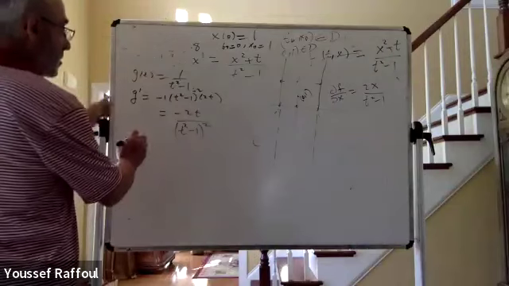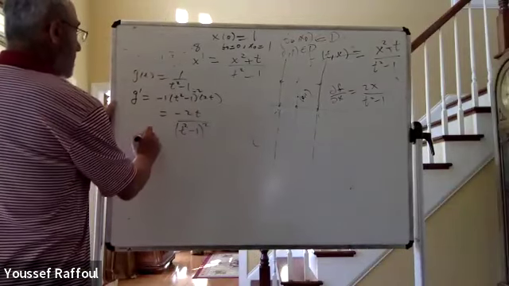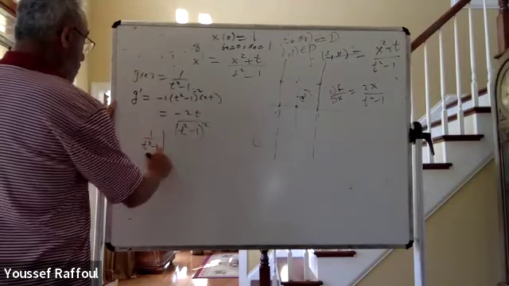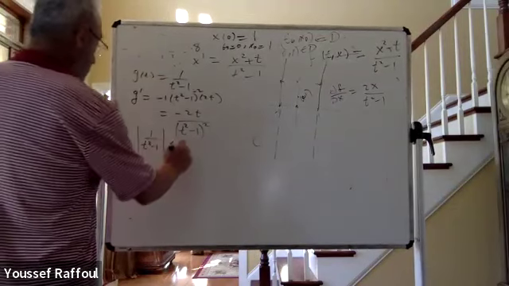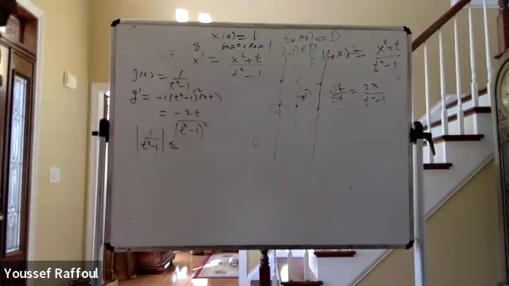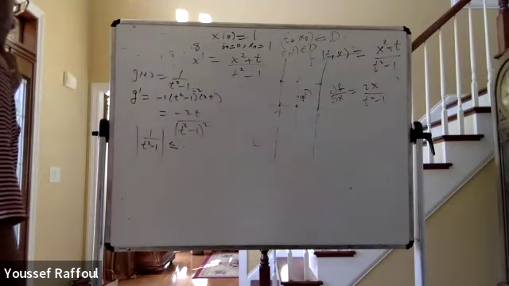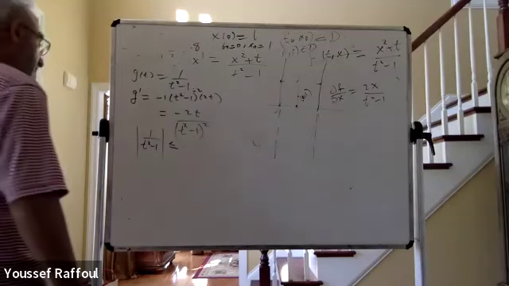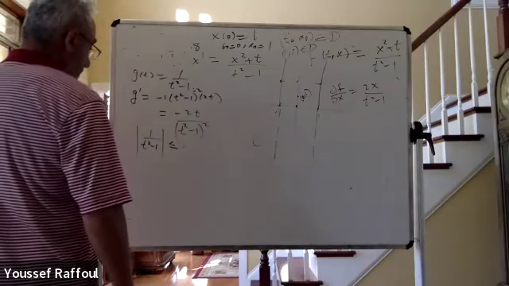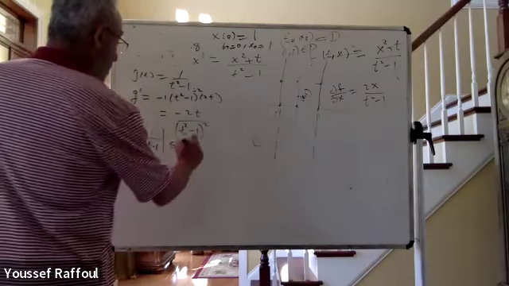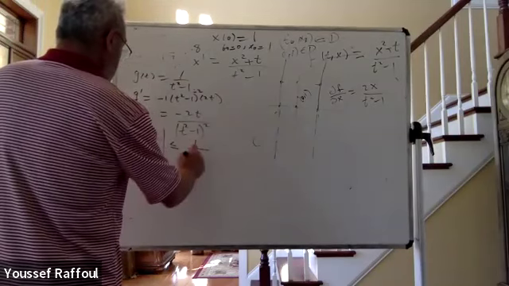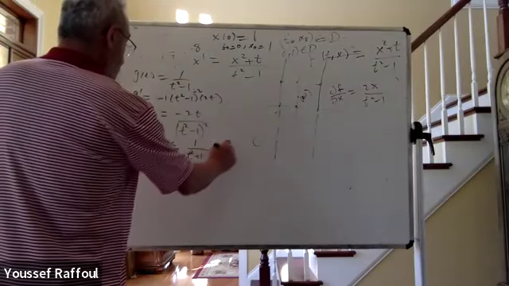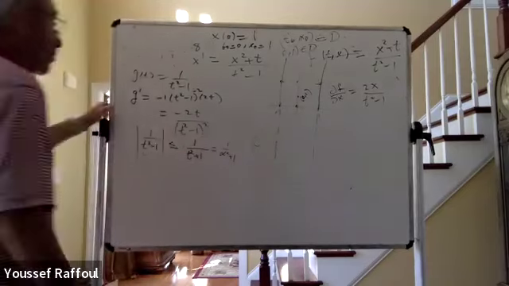So the maximum of 1 over t squared minus 1 can be, if you take alpha to be 0, less or equal to 1 over alpha. So this is less or equal to 1 over t squared plus 1. This is equal to 1 over alpha squared plus 1, if you like.